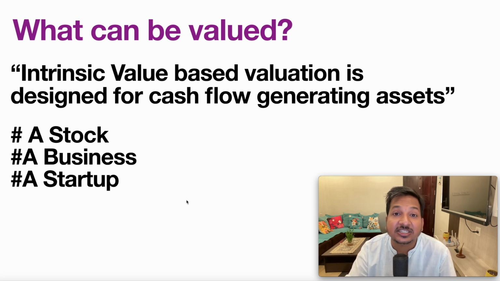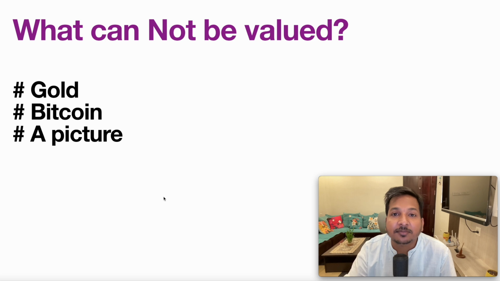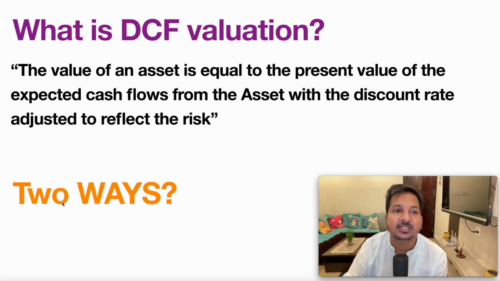Only assets which generate cash, like a stock, a business or a startup, but not something which does not generate cash, like gold, Bitcoin, or a Picasso picture, whose value is in the eyes of the person who is seeing it. A good picture is not generating cash, but a person can still value it a lot based on his preferences and his view. So that cannot be valued based on intrinsic value.